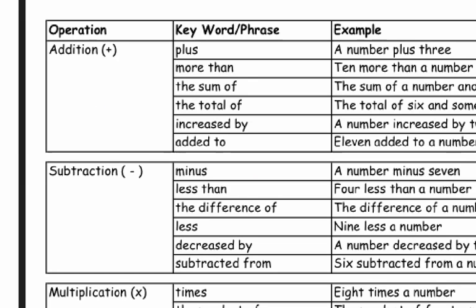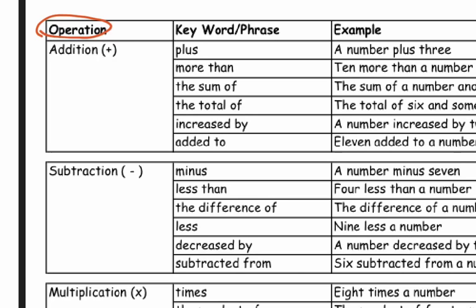Okay, so let's look at your first page in notes here. Notice again that we're dividing into 4 operations: addition, subtraction, multiplication, and division. So there are some key words when you're reading a word problem or when you're translating words into algebra that you should listen for. Let's just go down through them.